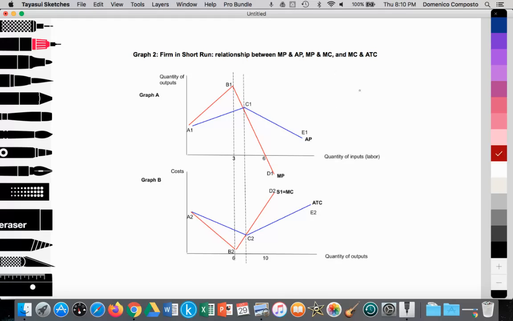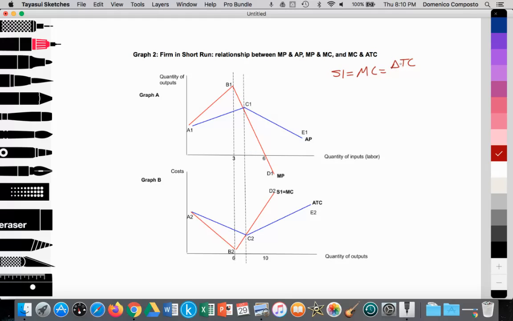All right? Our supply curve, in this case S1, is equal to our marginal costs of production, right? The MC curve. And the marginal costs of production is equal to the change in total costs. So all of our total fixed and total variable costs added together gives us our total costs.